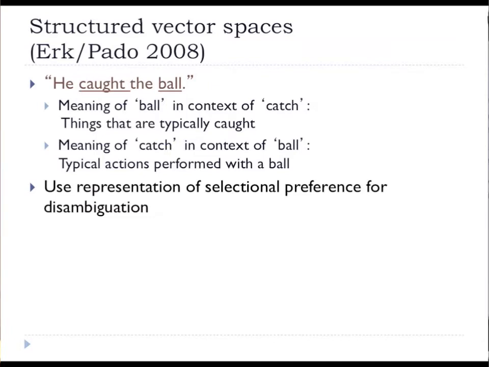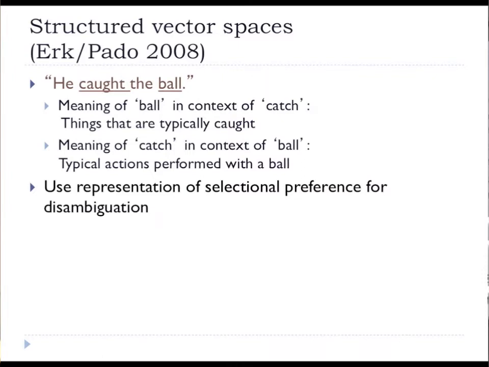And at the same time we want to compute the meaning of catch in the context of ball. So it's not contract as in catch the flu, it's more like grab. The ball is not the social event, because instead it's closer to things that are typically caught. Social events are not typically caught, but spheres are.